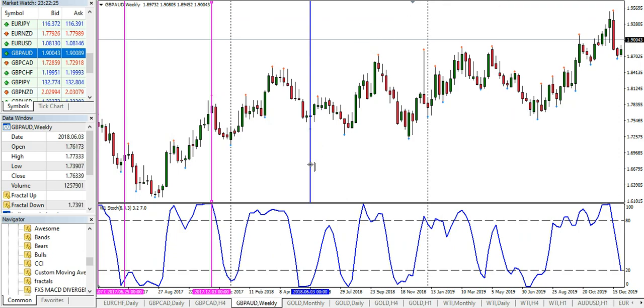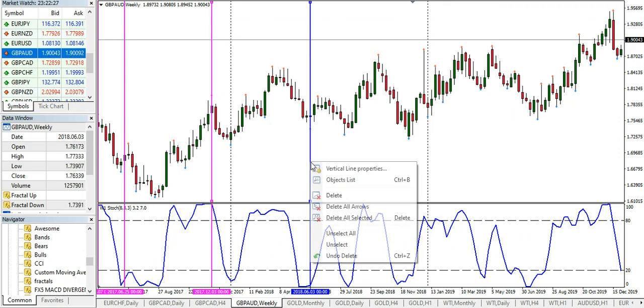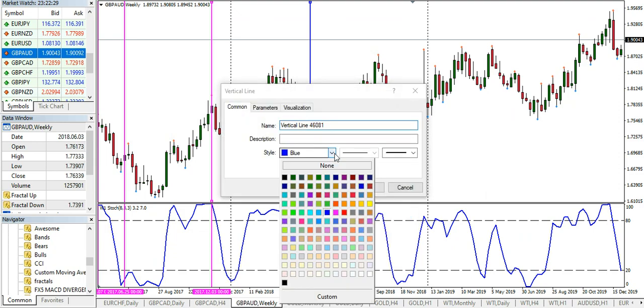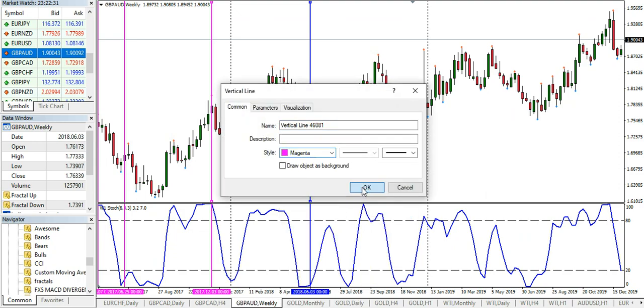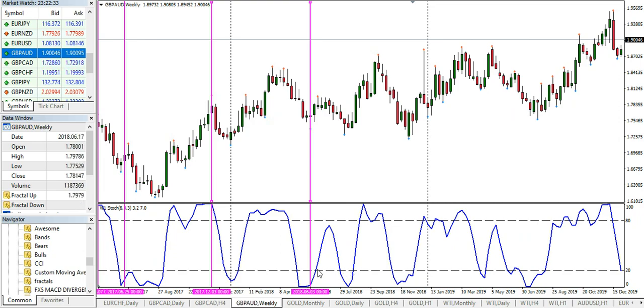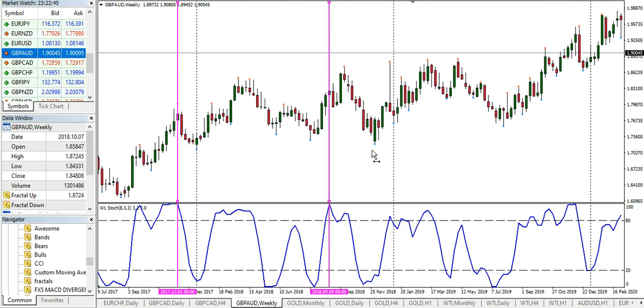When the stochastic oscillator is below this 20 dotted line, we want to focus on buying. When it is above the 80 dotted line, like over here, our focus is going to be on selling. And all we have to do is patiently wait for the sell.